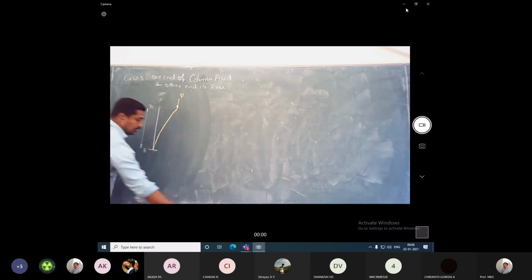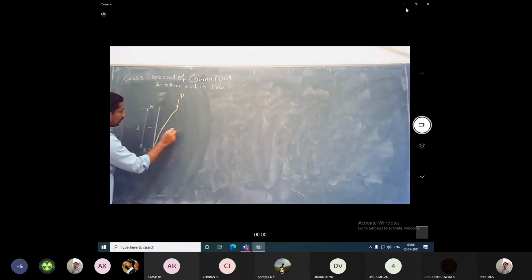Let us consider some section to find the buckling load which is acting in the column. Let this be the section X, which is at a distance small x. Initially this is the actual column, the white line I have written.